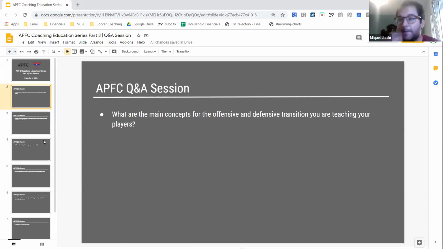At the end of the day, even though we want to have a collective idea on the moment of transition, both when it's defense to attack and attack to defend, even though we want to have our identity as a collective, also the trigger, to say it somehow, is executed by individual players, because the team as such recovers the ball, regains possession when we are defending and we transition to attack, but there is only one individual who recovers that ball.